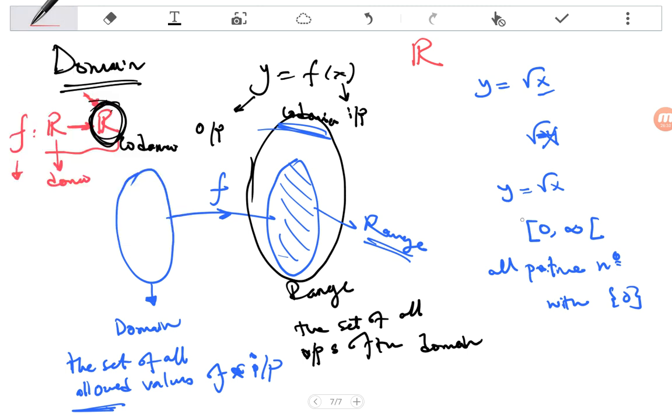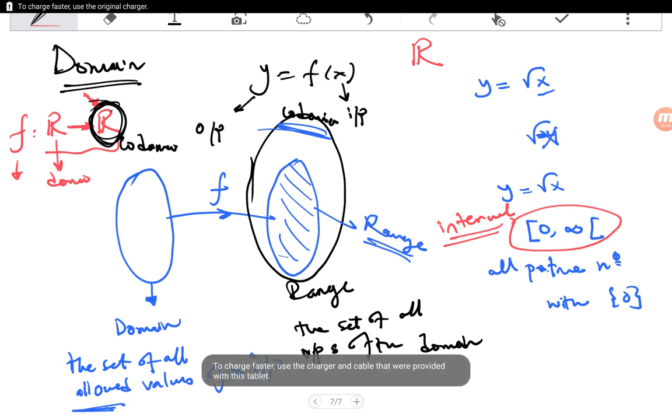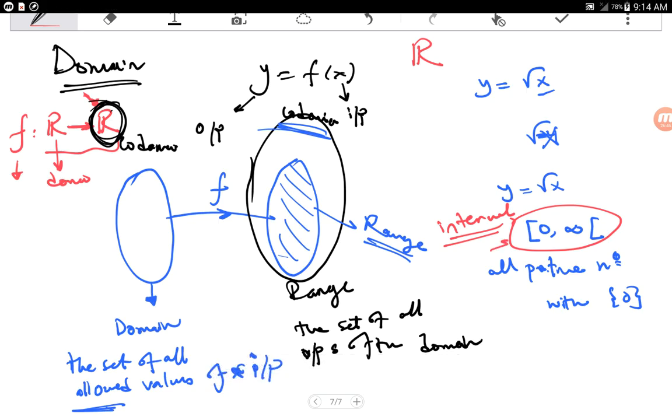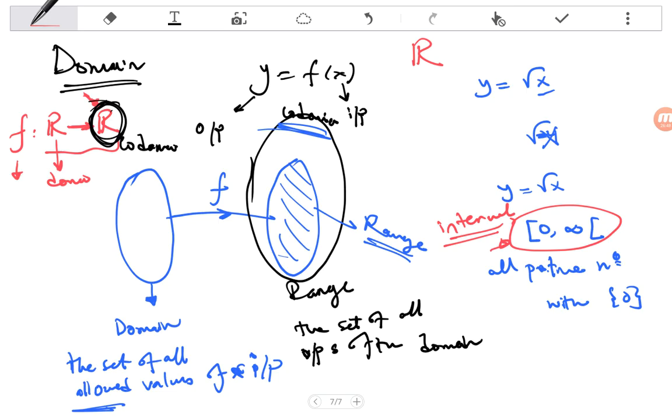Does any of you not know the meaning of that expression? That is called an interval. Is that an open interval or closed interval? Yes, closed at zero, so it is semi-closed or semi-open.